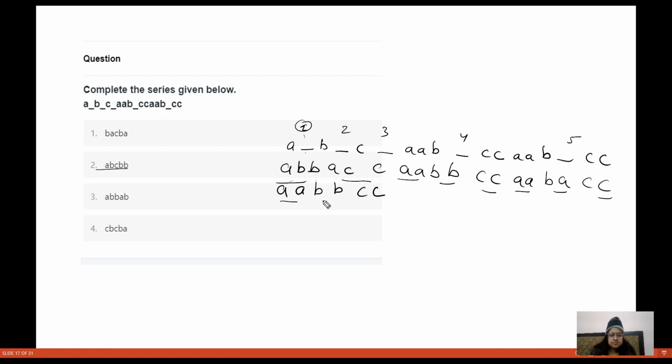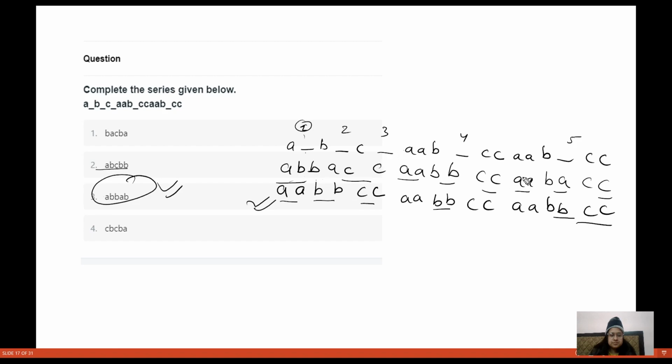Now it becomes double A, double B, double C, then double A. Then in the fourth blank we put double B, becoming double C, then double A. Then in the fifth blank we put B, and this becomes double B. So this sequence is becoming good. This is our answer.